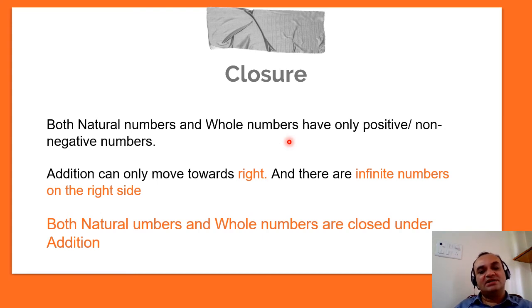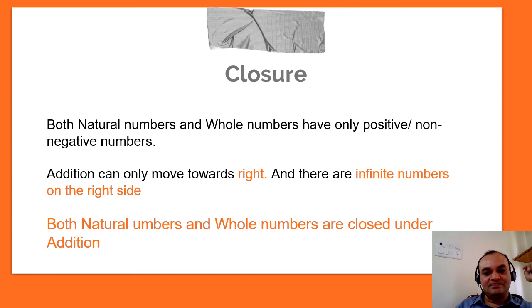Similarly, in whole numbers also, we will always move to the right side. Addition can always take you to the right side of the number line, and there are infinite numbers on the right side. So there is really no reason why we will end up going outside natural numbers or outside whole numbers. So both natural numbers and whole numbers are closed under addition.